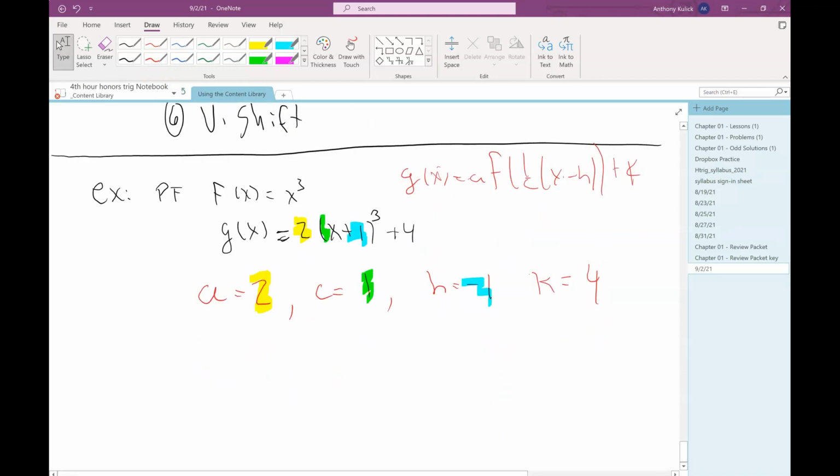Okay. So since c is positive, we have no reflection across the y-axis. And since c, the absolute value of c is equal to 1, we have no horizontal stretch or shrink.